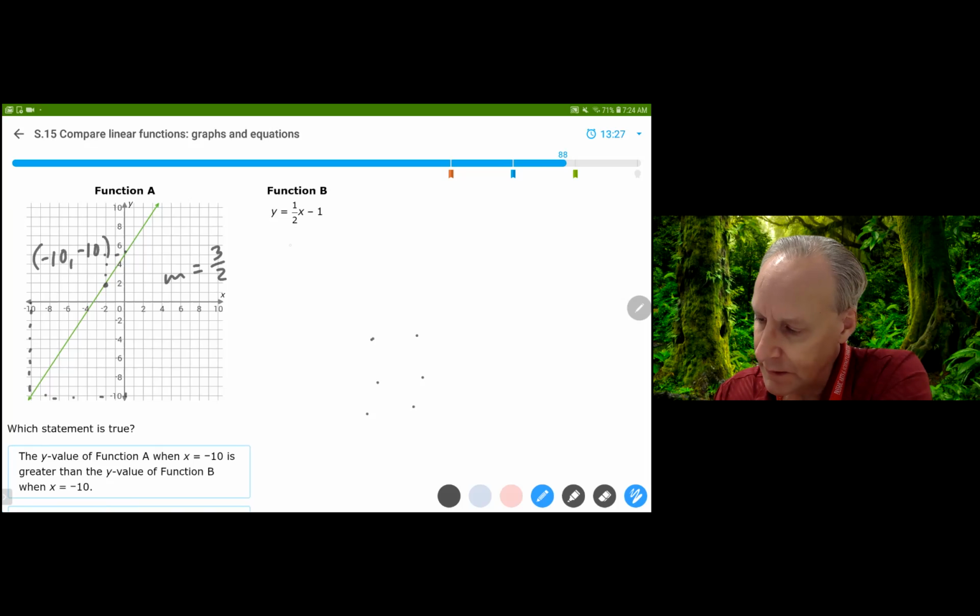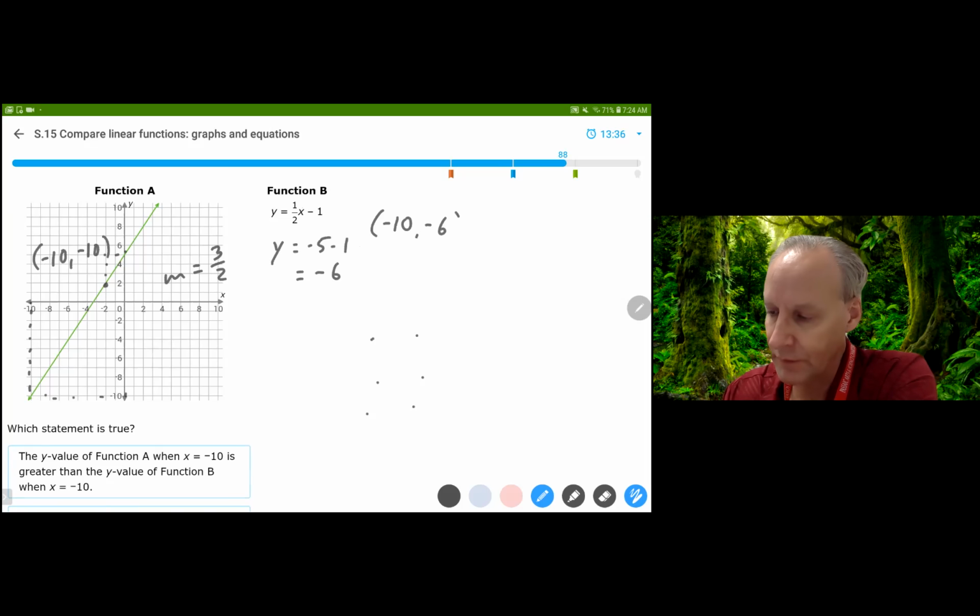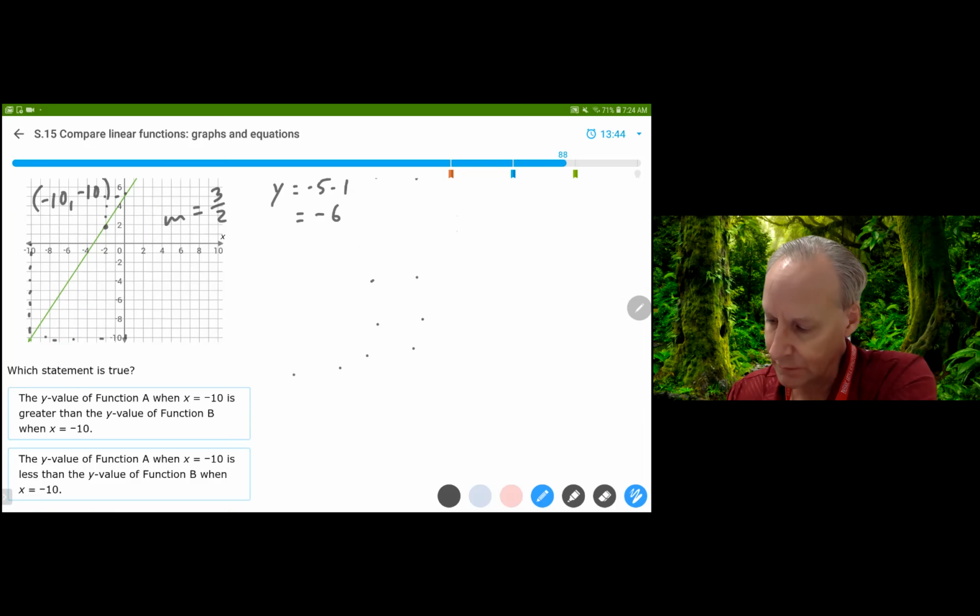And -10, half of -10 is -5 minus 1, which is -6. So this one is -10, -6, and function b is larger, isn't it? -10 is less than -6. So we say that function a is less.